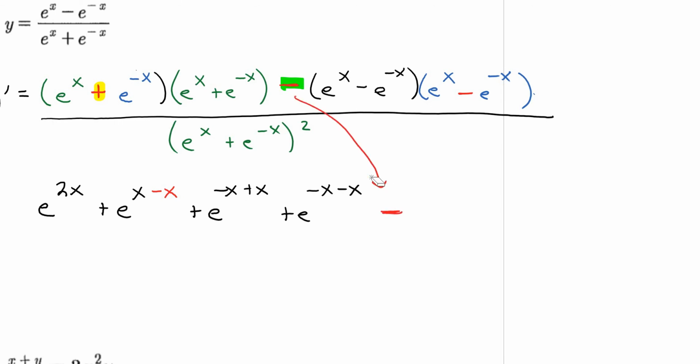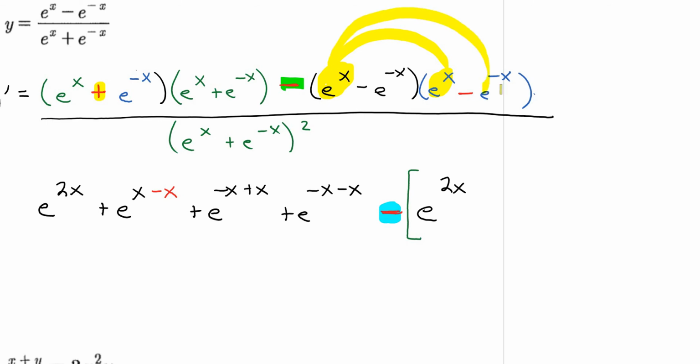Okay, so now I need to FOIL the other side. So if I have this guy right here, e to the x times e to the x, that's going to be e to the 2x. And let me just put another bracket right here, just because I don't want to have this minus sign affecting my results just yet. So let me just continue to FOIL here. So e to the x times this second term right there, that's going to be minus e to the x minus x.